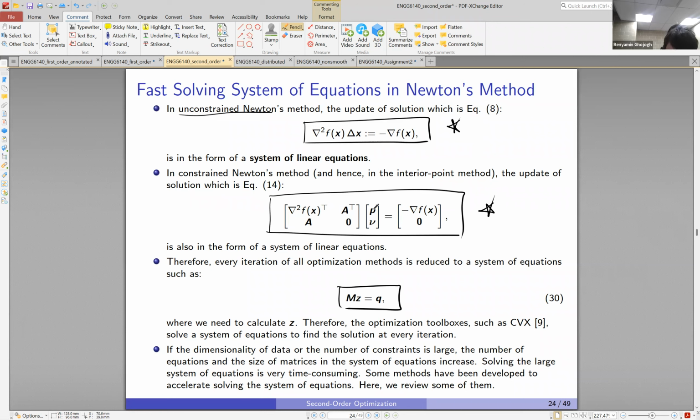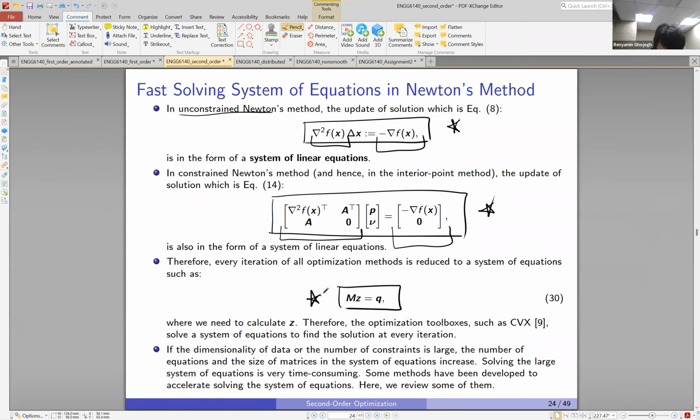In the other case, Z represents p and nu, the concatenation of them. Here it represents delta x, and M is the coefficient of Z. Also here, this is Q, which is minus the gradient of f.